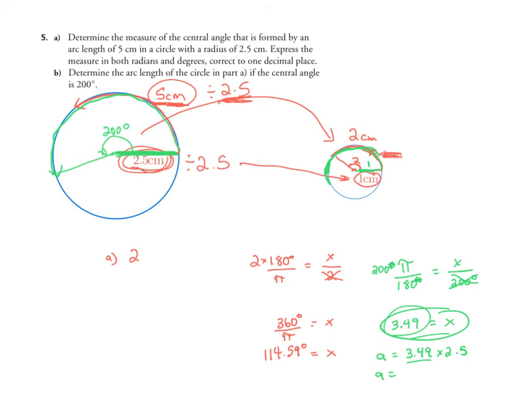So I'm just going to take that number and multiply by 2.5 to get a better answer. And so the arc length is approximately 8.73. Therefore, the arc length of that circle is about 8.73 centimeters.